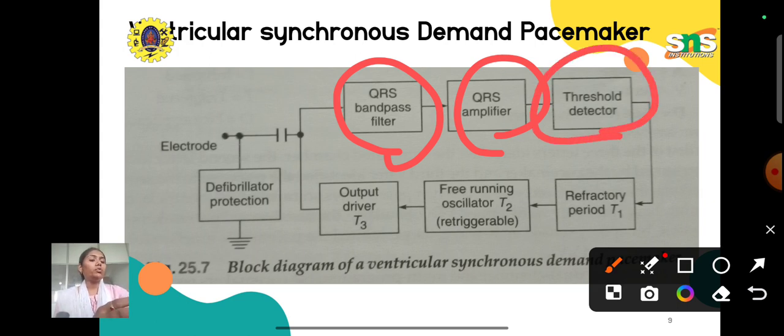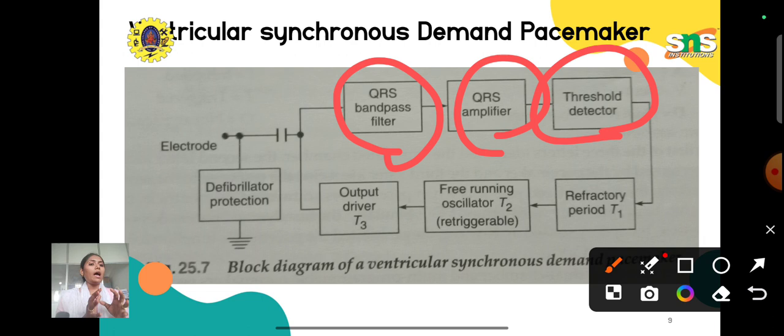Then we have a threshold detector. The reason for this threshold detector is that all the waves, whether noise or actual data, appear as a waveform. We don't know whether the incoming waveform is QRS or not.